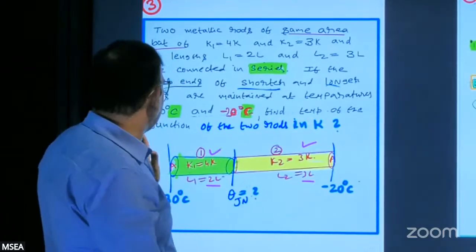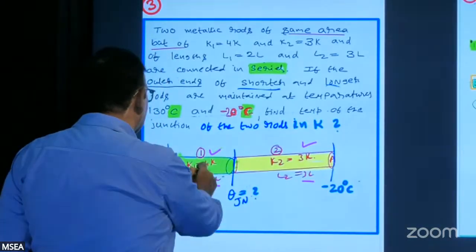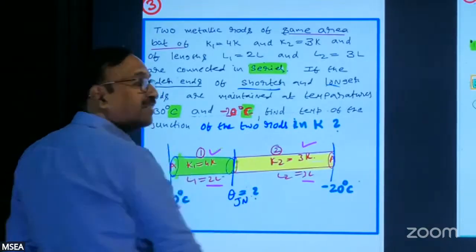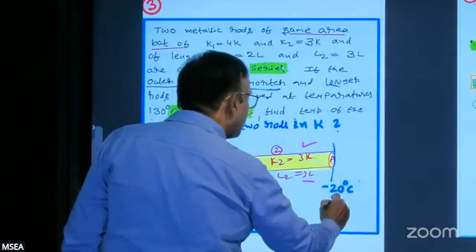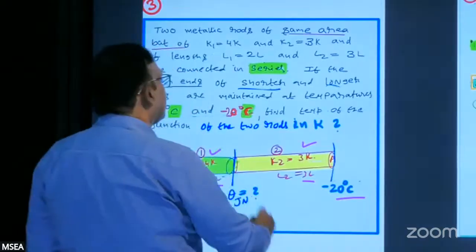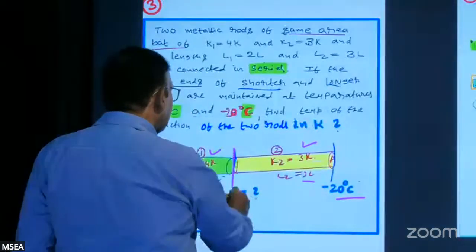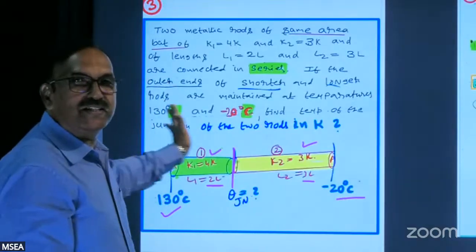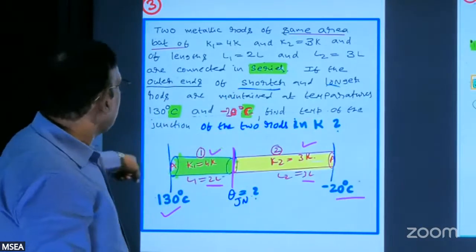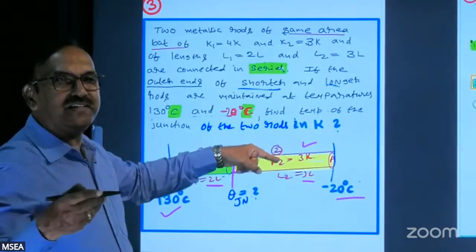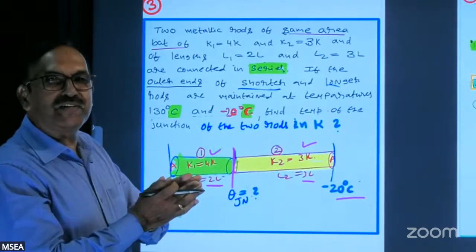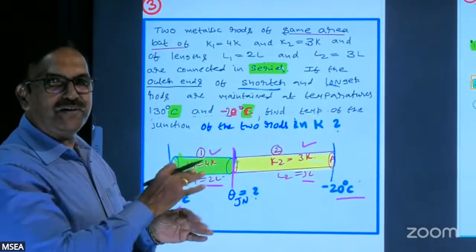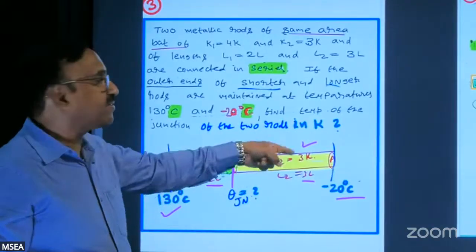The outer end of the shorter rod is maintained at 130 and that of the longer rod at minus 20. Then what is the temperature of the junction of the two? All this corresponds to thermal steady state. A good examiner will mention that, though generally that point is skipped.